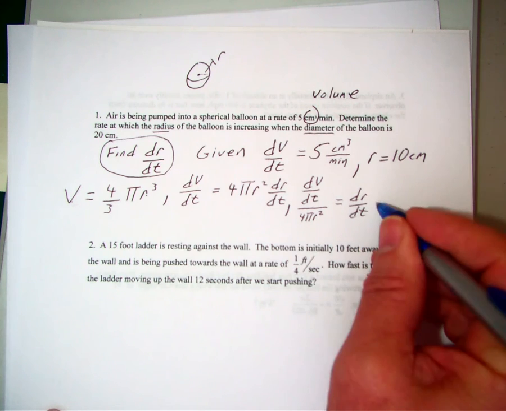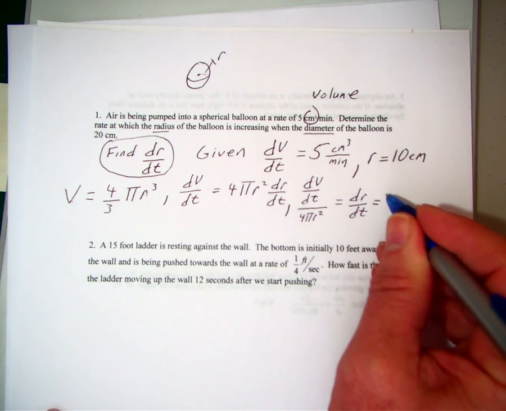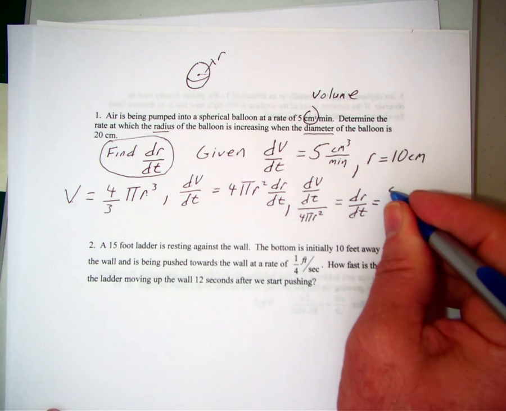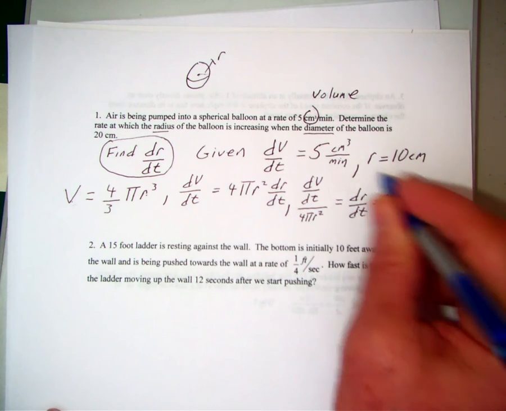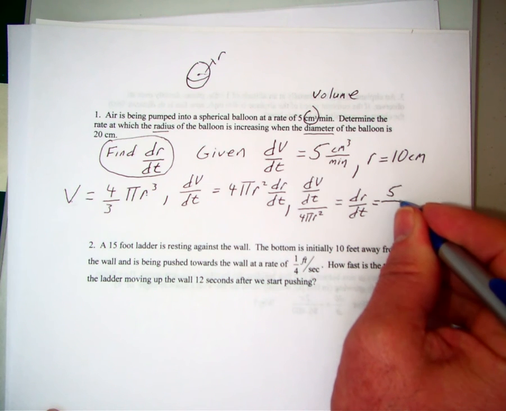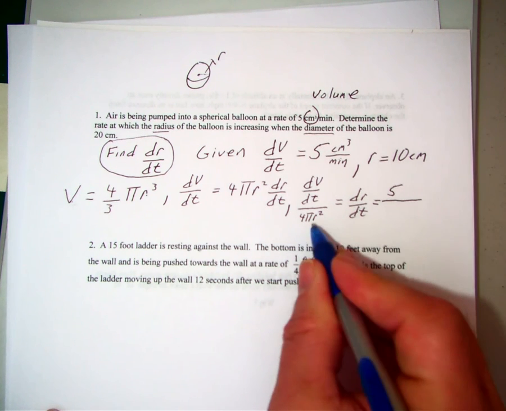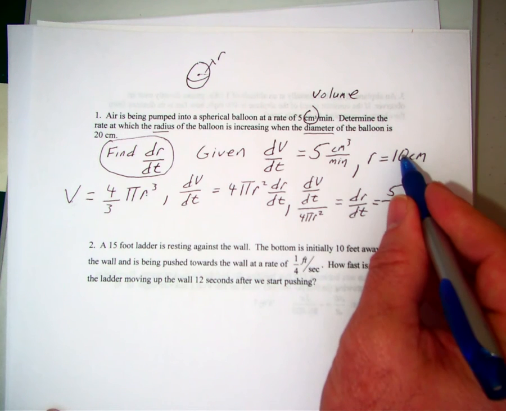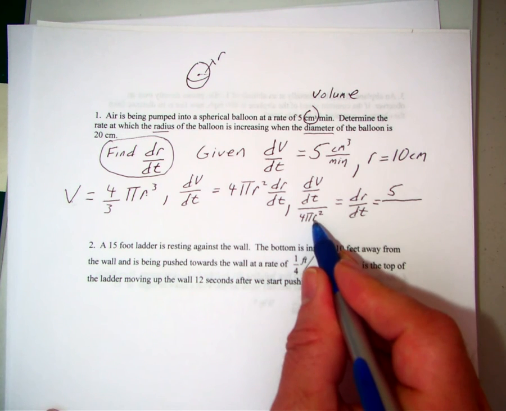Okay. Now, dr dt is equal to this. Now, what we can do is we know that dv dt is 5. All right. And I'm going to leave the units out because they naturally cancel on a problem like this and it avoids a little bit of clutter. And then what's 4 pi r squared? Okay, that would be 4r is equal to 10, right? So r squared would be 100.